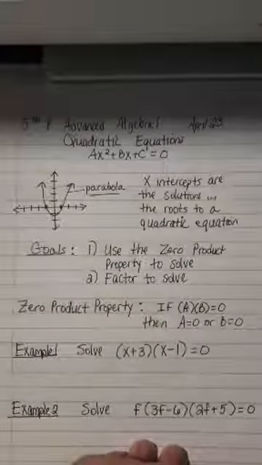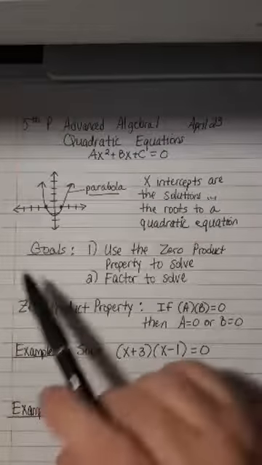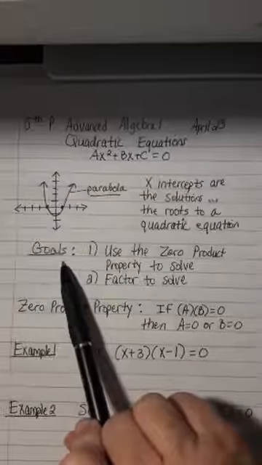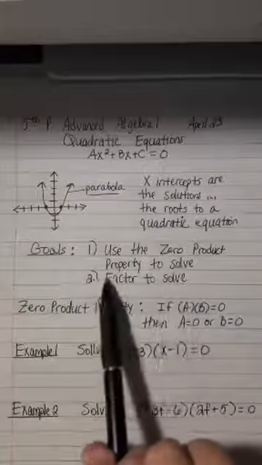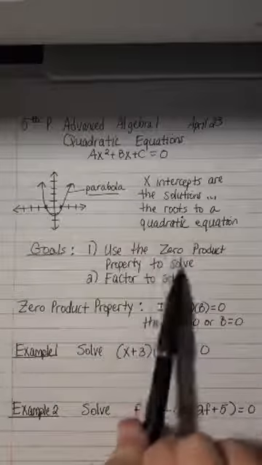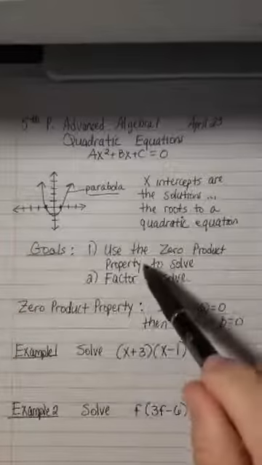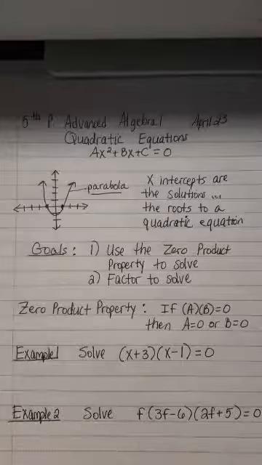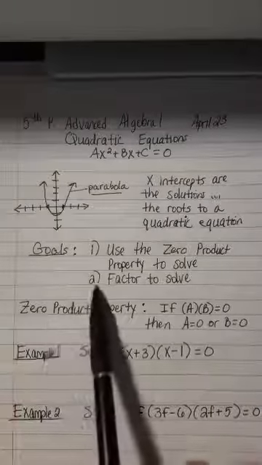But we're going to learn first how to factor and solve to find the x-intercepts. So our goals today are to use the zero product property to solve, and then also to factor to solve. The zero product property just leads us up to being able to factor to solve. You're going to have two lessons again on your IXL. The first lesson goes with goal number 1. The second lesson goes with goal number 2.